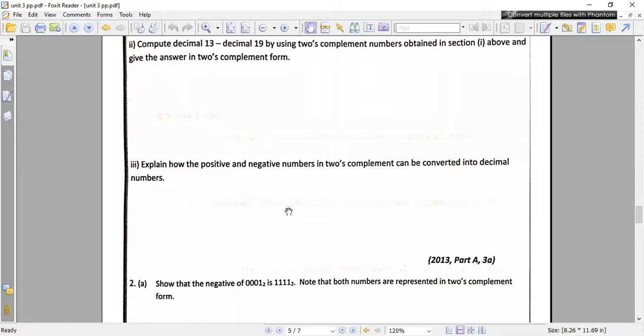If the first bit, that is the most significant bit, is 1, it's a negative value, so flip the bits and add 1 to the least significant bit, convert it to decimal and keep it as a negative value. That you have to mention.